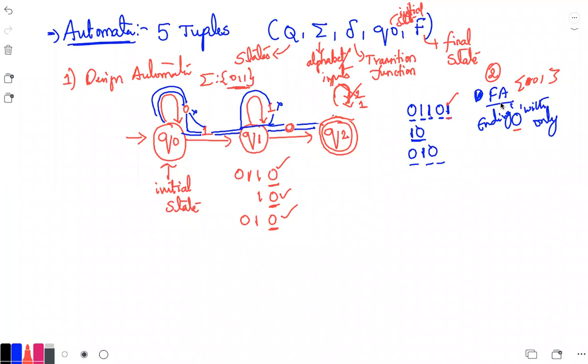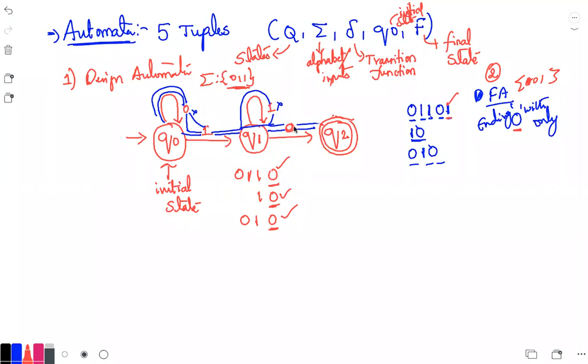I want an automata that produces the strings that end with 0 only. Now, if this restriction is placed, what I can do is simply remove the input on the last state. You are free to alter any of the inputs. Okay, there's no restriction. So now this automata will produce the strings that end with 0 only, right?